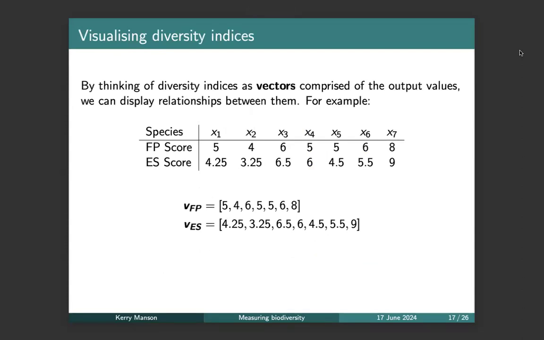So one thing that's nice here is instead of having a table of numbers, I like to think of these scores in terms of vectors. And that's nice because we can use all sorts of mathematical ideas that come from vector geometry. And we can think about the relationships between them on a kind of spatial level.